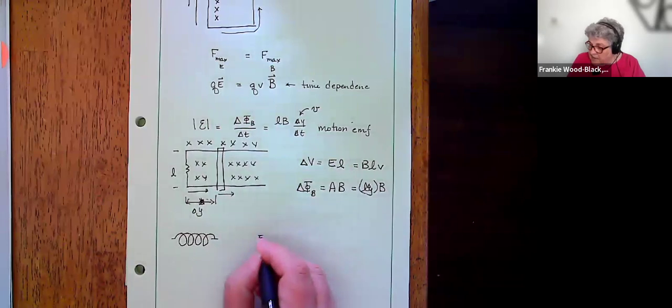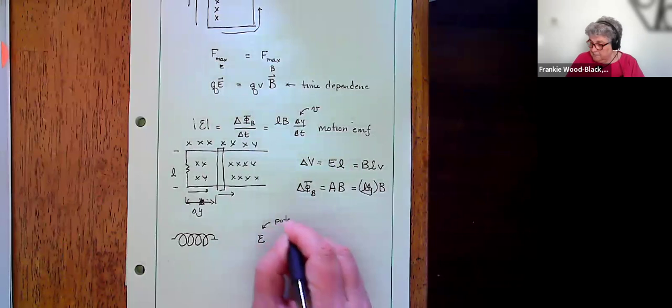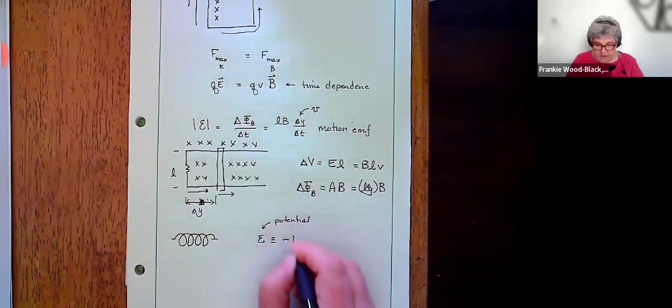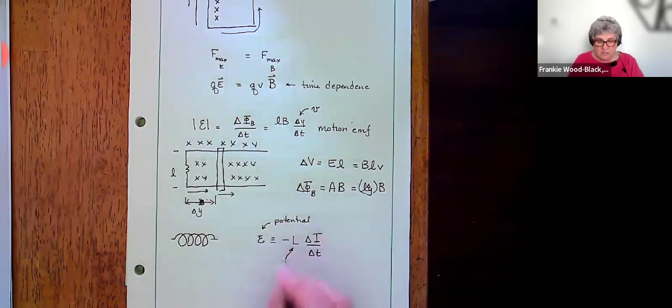We talk about an EMF, which is going to be like our potential. And this is going to equal, we give it a negative, L times the change in my current over my change in time. And L is called inductance.